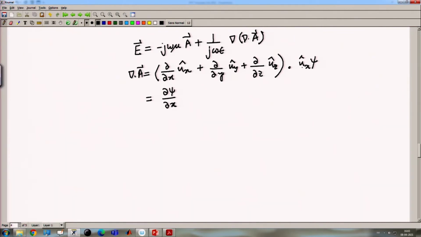The other terms go to 0 because u y dot u x is 0, u z dot u x is 0.